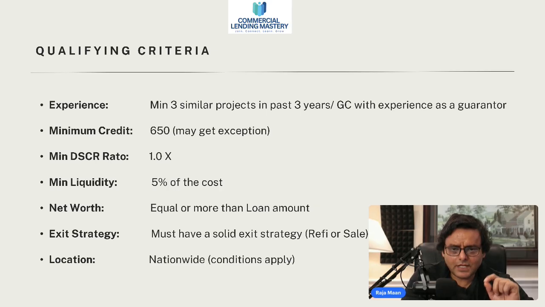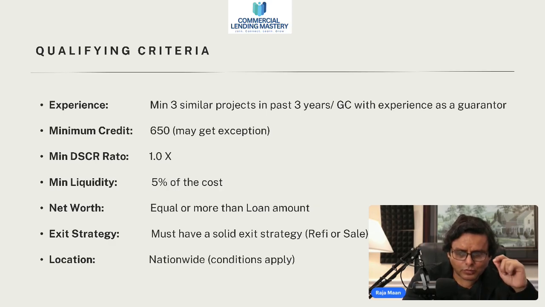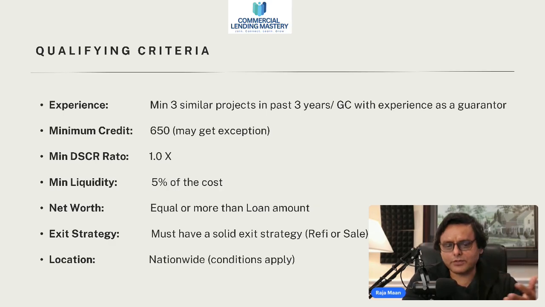For SBA, USDA, or other conventional loans, you don't have to have the exact amount of net worth as compared to the loan amount. It can be less than that. As long as you have strong credit, experience, exit strategy, and debt to income ratio, with everything aligned, the net worth can be ignored.